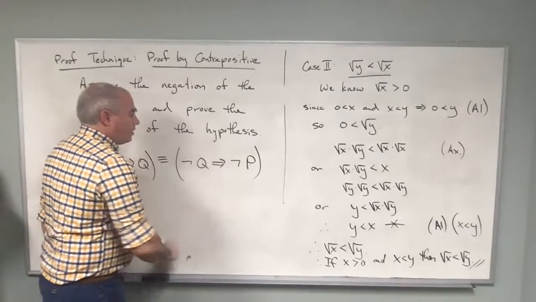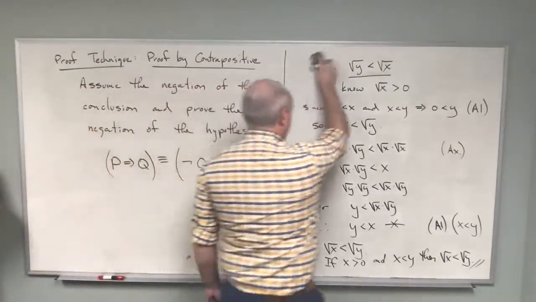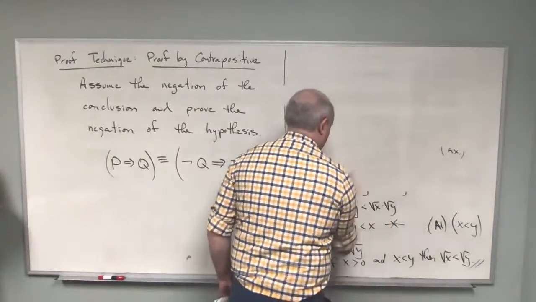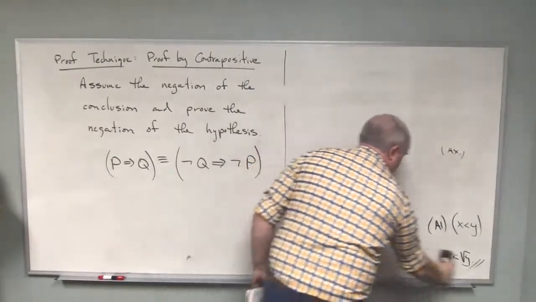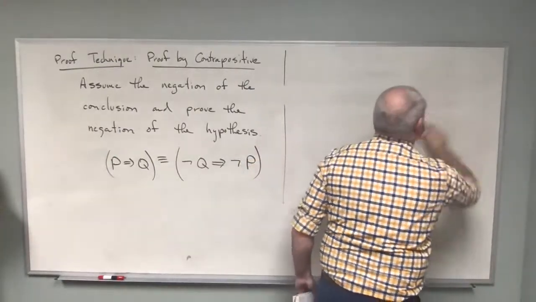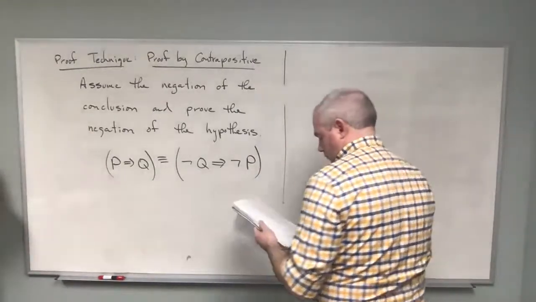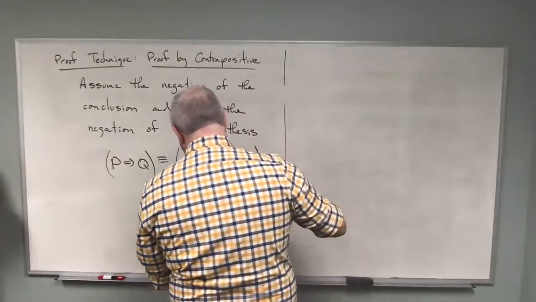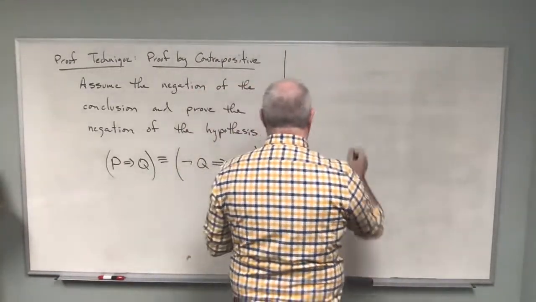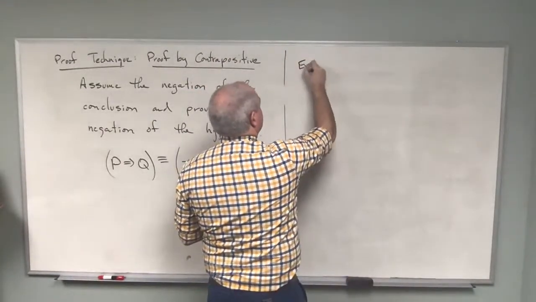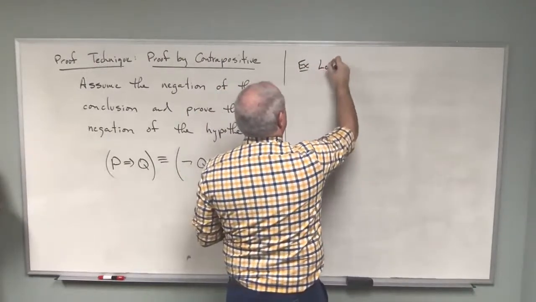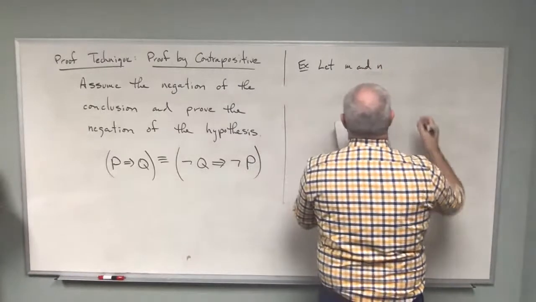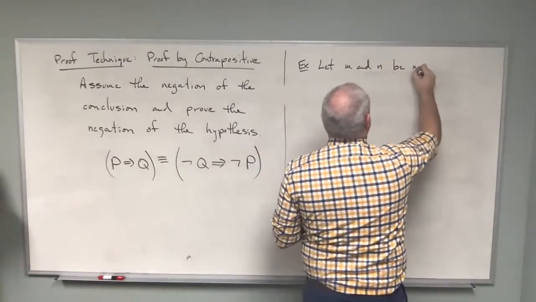Okay. Let's try one of these. As an example, let M and N be non-negative integers.